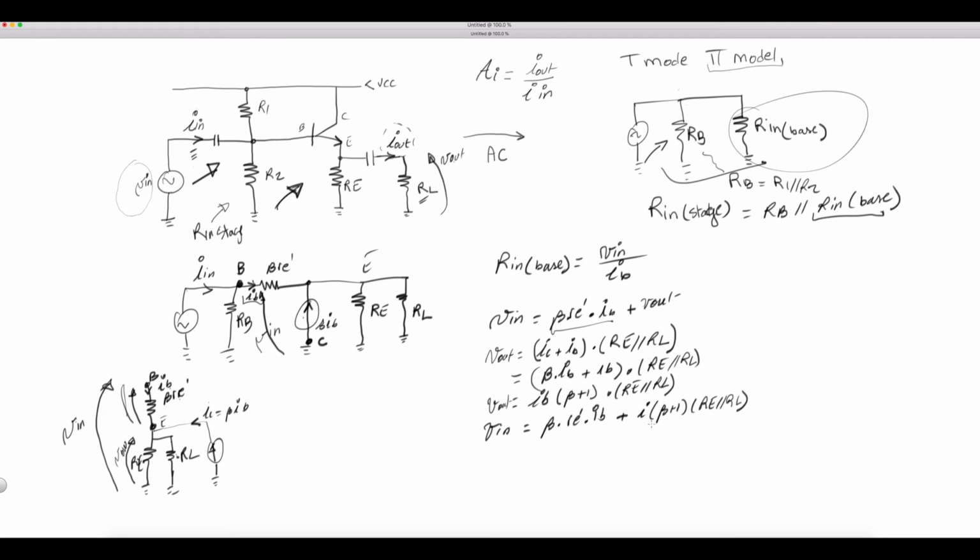Now, can we do some approximation? Beta plus 1 is approximately beta, in the case that beta is much, much greater than 1. So, in other words, Vn is approximately equal to beta times, and let's not forget, this is IB here, and let me factor in beta and IB together.